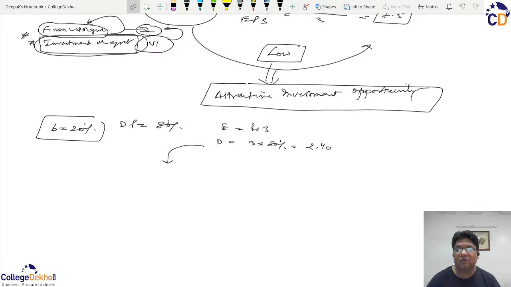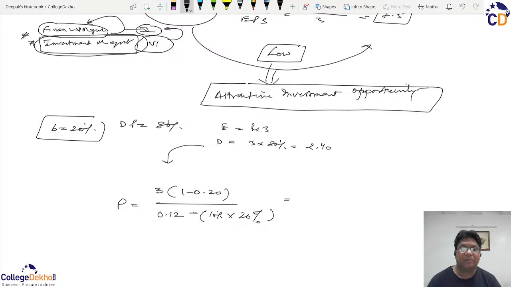So keeping the other particulars same, if I again calculate the P, so it will be E(1 minus b) divided by the Ke, and the Ke was 0.12 minus bR. R was 10% and b was 20%. So what will happen here, that it will be 2.40 divided by 0.12 minus 0.02. So you will see 2.40 upon 0.10. So the market price will now be 24.